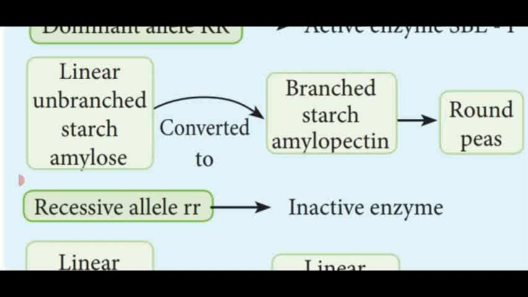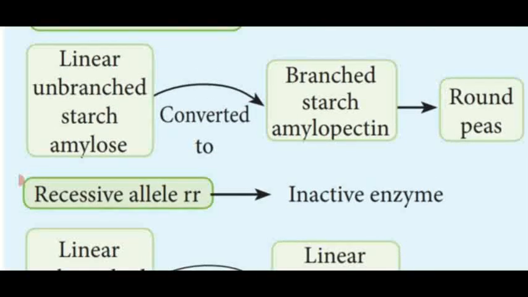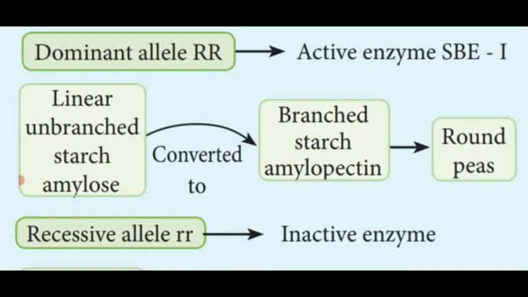Second one, here the SBE1 has the capacity to produce the starch and amylose, that is linear unbranched, which is modified into branched starch amylopectin. So they are round peas. So it has the capacity to produce starch and amylopectin, and also they have the balance of osmotic process. So they produce round peas.